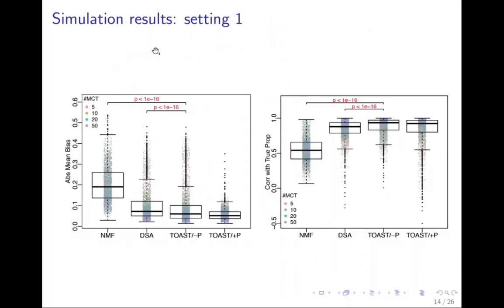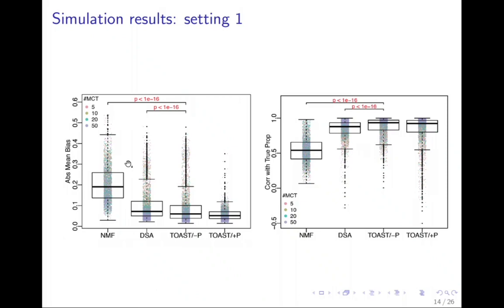We designed a series of simulation studies based on real data sets. I ignore the simulation setting details here, but in the first simulation, we compare our proposed method with two existing methods: non-negative matrix factorization, which is a reference-free deconvolution algorithm, and DSA, a popular partial reference-free deconvolution.